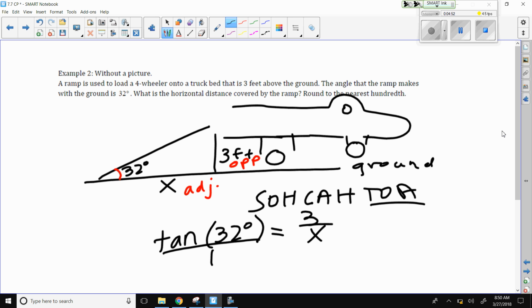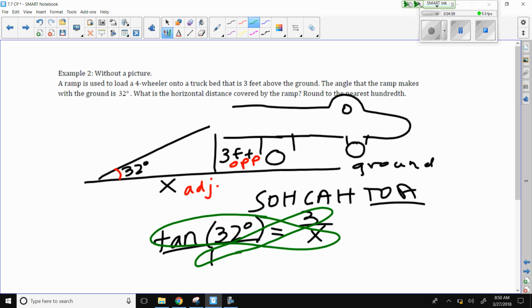This is a proportion again that we're looking at. I can cross multiply here. I end up with x times tan of 32 degrees equal to 3.